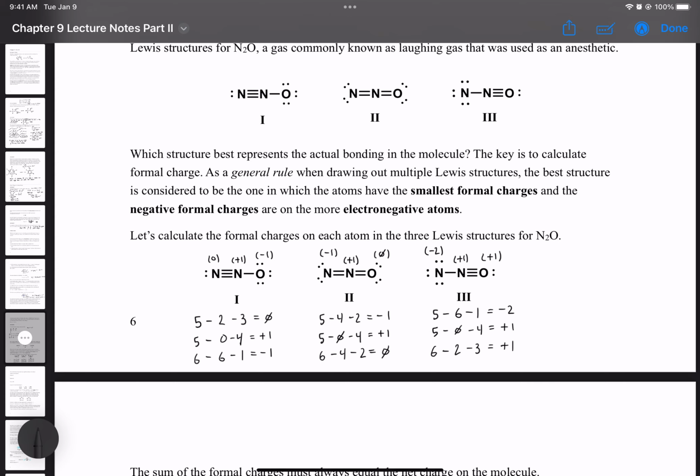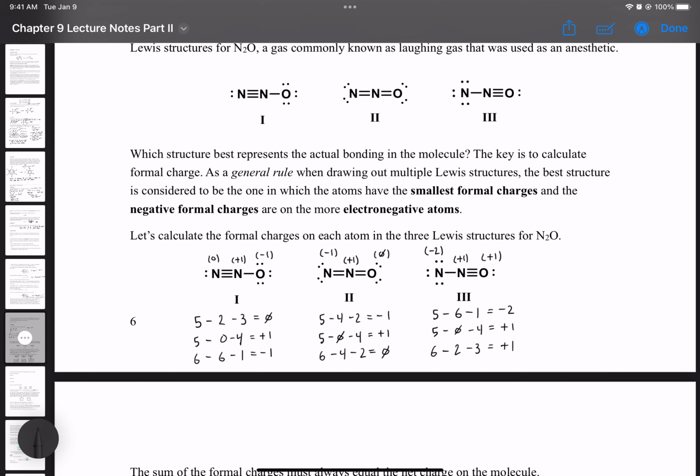However, one of them is better than the other, and we have to look at where the charges are at. So we have in the first structure a positive charge on nitrogen and then a negative charge on oxygen. So that is a pretty good case for our structure. The second structure, now it has the same kind of charges, but they're on different atoms.